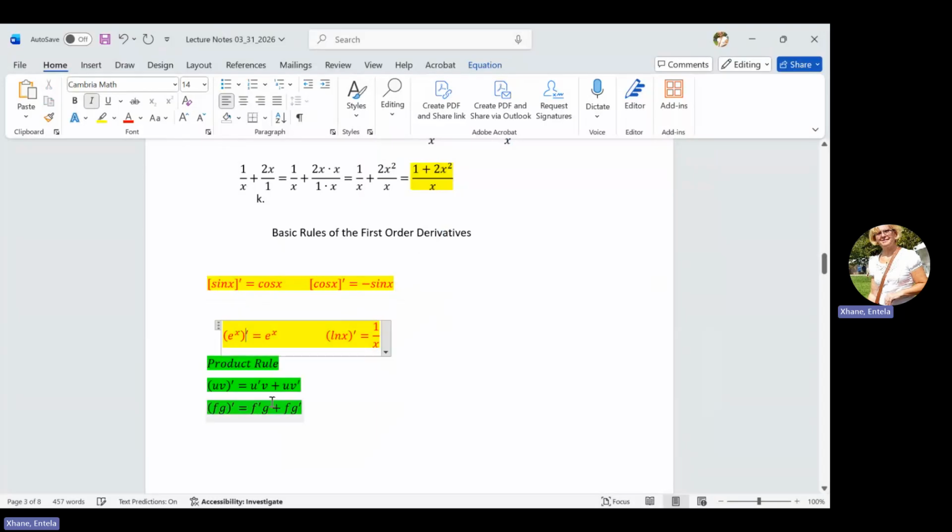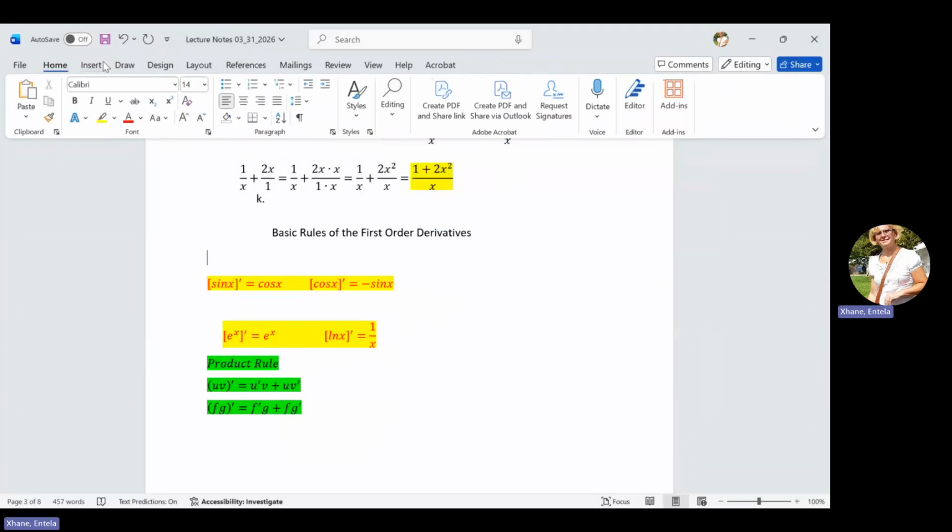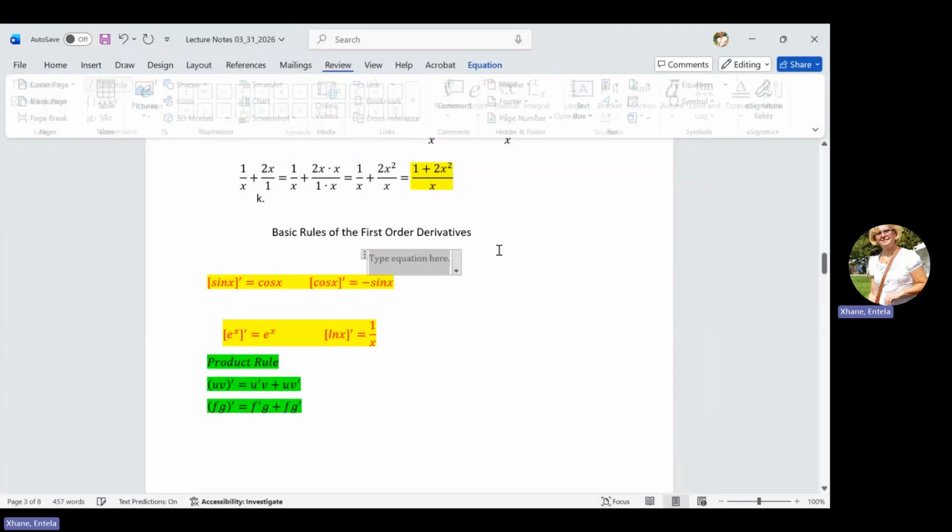Exponential functions, the derivative of e to the power x is e to the power x, and then again correcting the notation, the derivative of ln of x is 1 over x. I'm going to add a couple more derivatives.